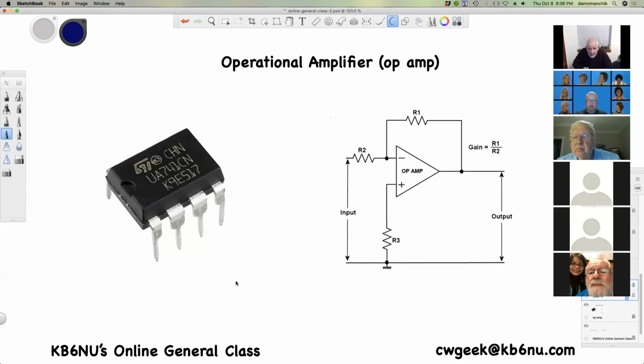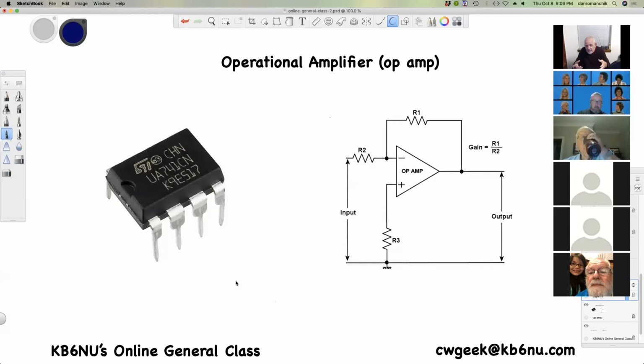This on the right is a typical op amp circuit. And this is a simple amplifier circuit. The nice thing about op amps, if you're using them as an audio op amp or whatever, is that the gain of the op amp is simply R1 over R2.